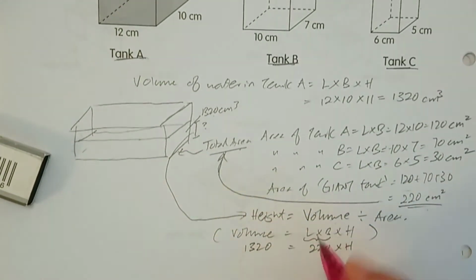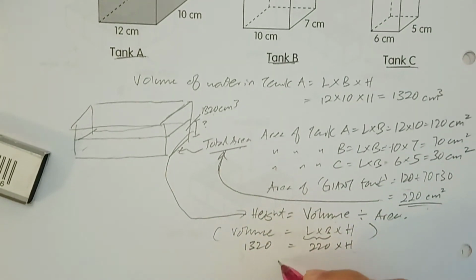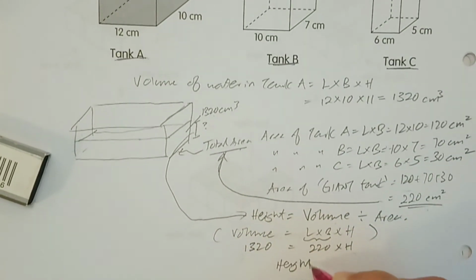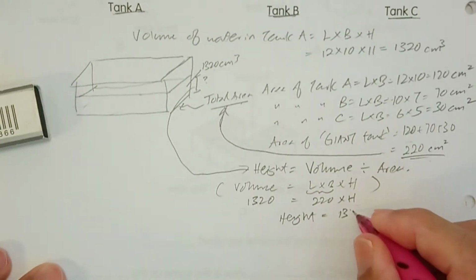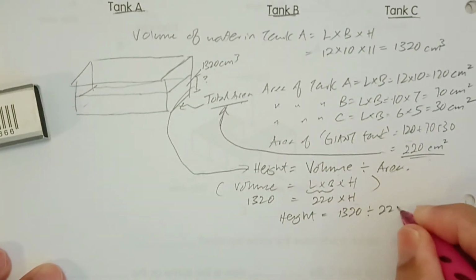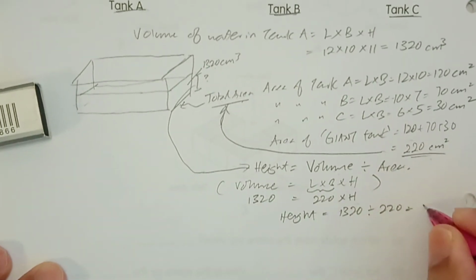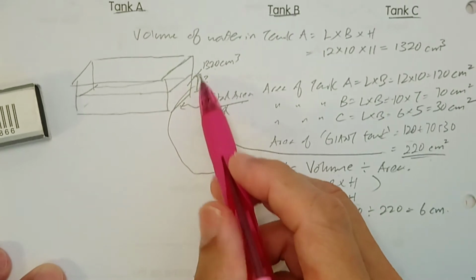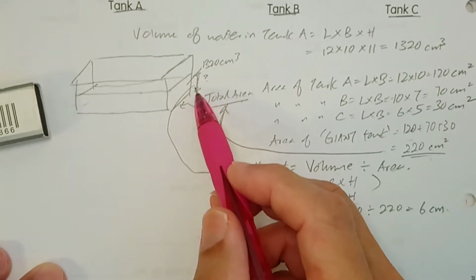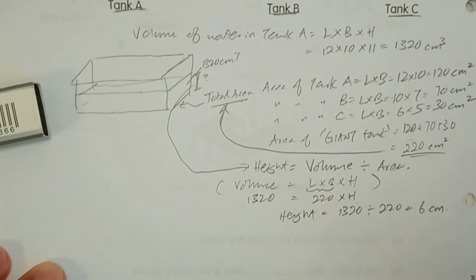So the height must equal 1320 divided by 220. If you use your calculator, you find out that it's 6 centimeters. So the height of this giant tank is 6 centimeters.